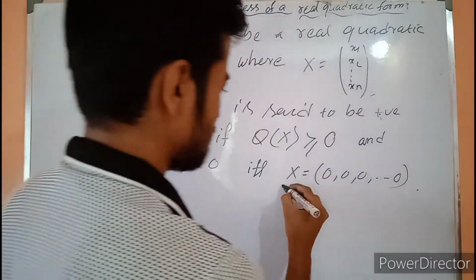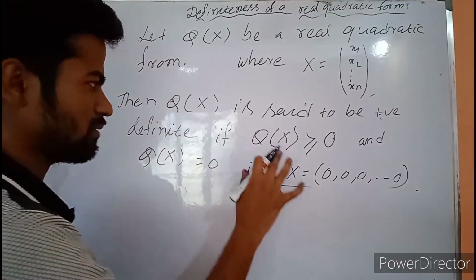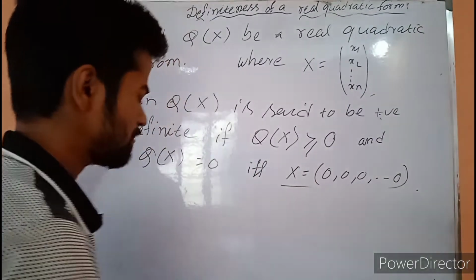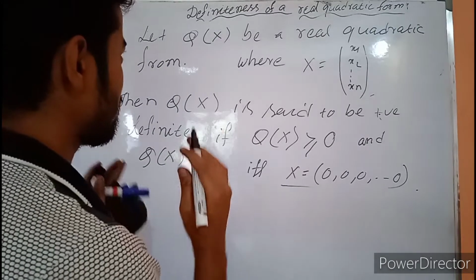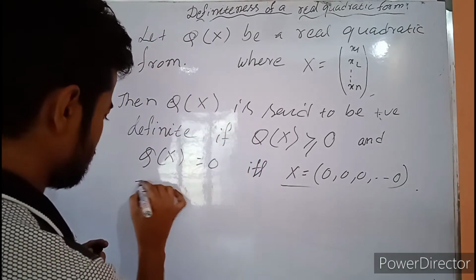That is, only for x equal to the zero vector Q(x) is equal to 0, otherwise Q(x) is greater than 0. Then the quadratic form is said to be positive definite.